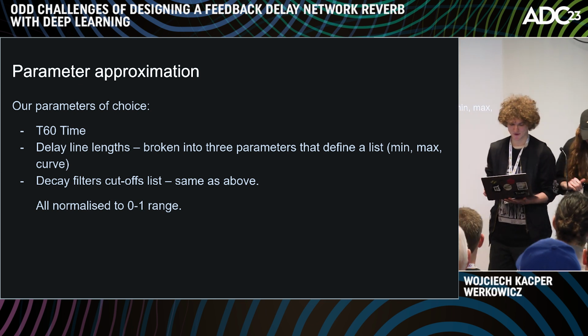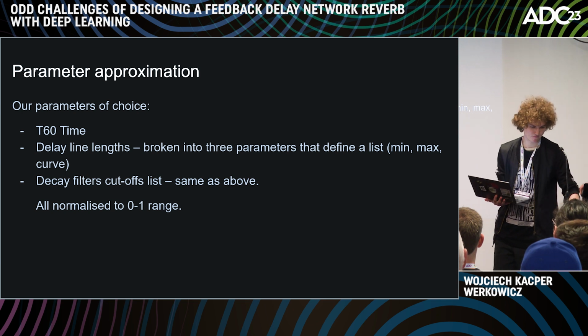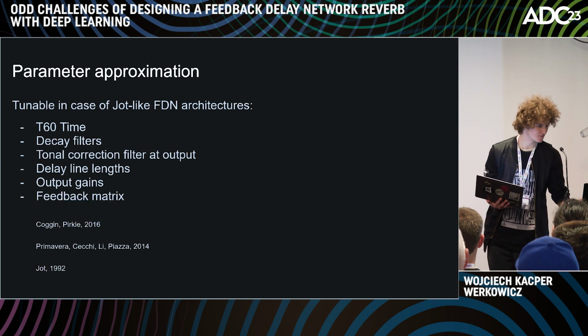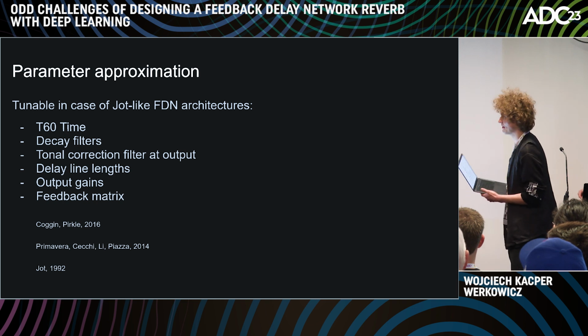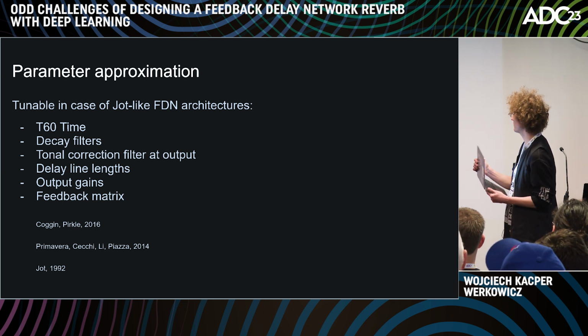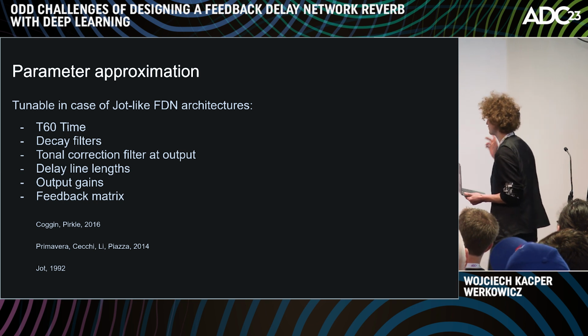All right, cool. So what we ended up with, well, maybe we should first have a look at surveying papers of people approximating FDN parameters. There's a bunch of stuff you can try to optimize, right?